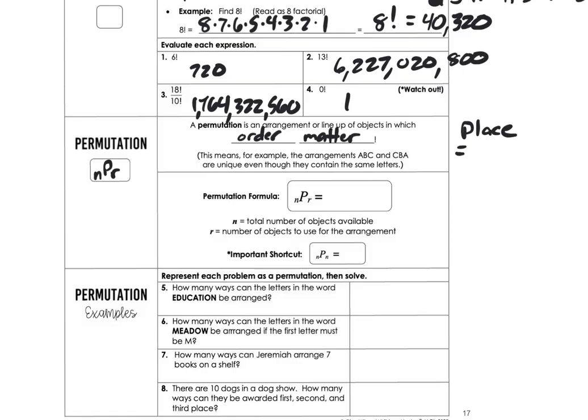So if I did the same example I just talked about, 20P4, that means I have 20 runners, and I'm giving out 4 places, okay? That's what that is trying to tell us. We're not rearranging all 20 runners. So it's not just 20 factorial.